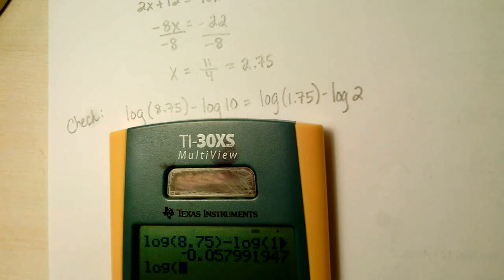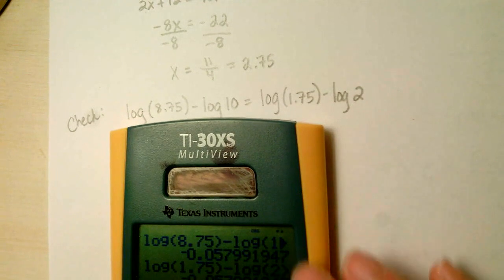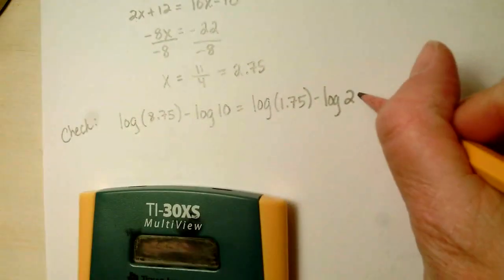So log of 1.75 minus the log of 2. Okay, and since I do get the same answer, that means both sides are equal.